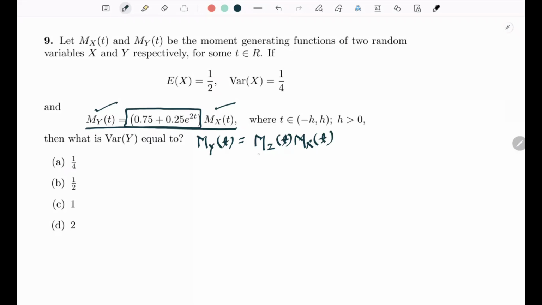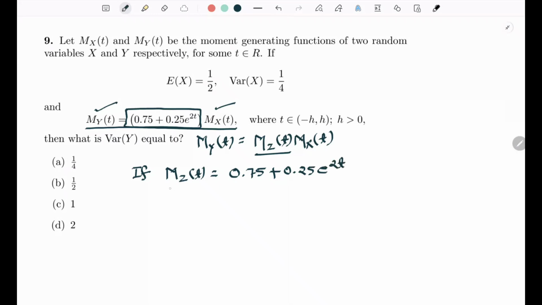The MGF of Z is given as M_Z(t) = 0.75 + 0.25 e^(2t).